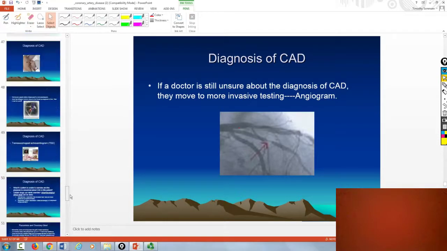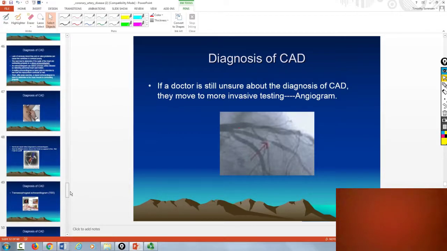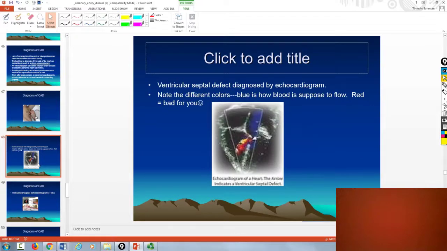All right, now there's some other diagnostic testing for heart disease. Echo, for example. Now, echocardiogram, just so you know, looks at structures of the heart and blood flow. So it can't analyze coronary arteries.